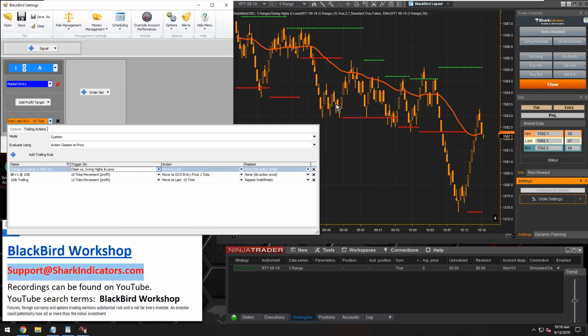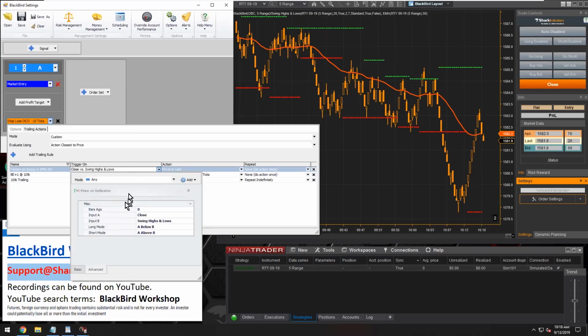So this area down here would get closed out using BlackBird's price versus indicator, because this acts more like a comparison solver. If it was with BloodHound's crossover solver, you would only get a signal on that one bar when price crosses the swing line.